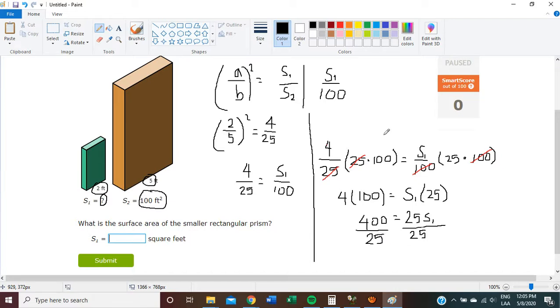If you multiply something by 25 and then divide it by 25, you can do this operation and the result is going to be S1 equals 16. Because if you divide 400 by 25, the result is 16. So the answer here is 16.